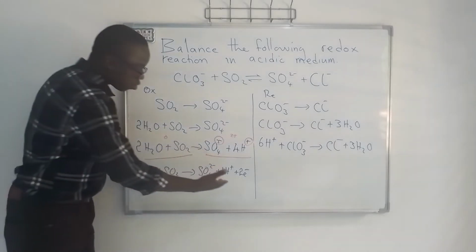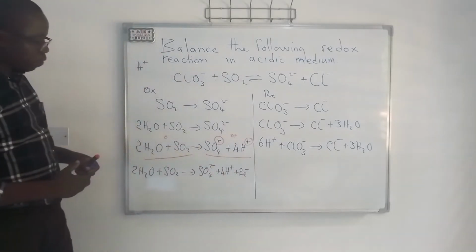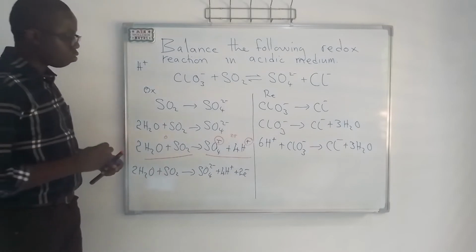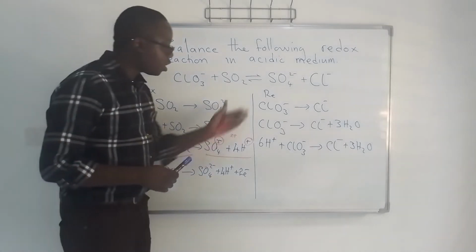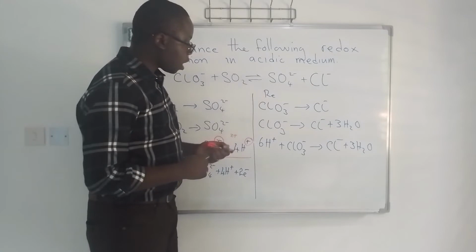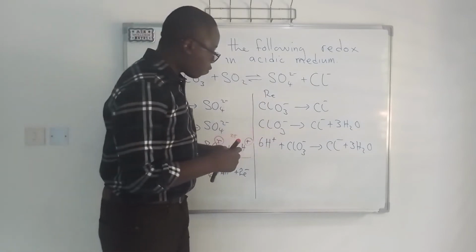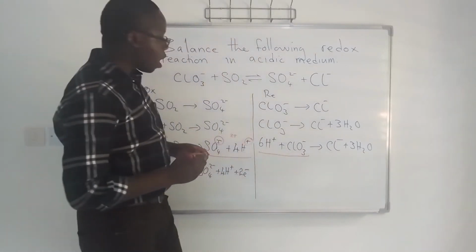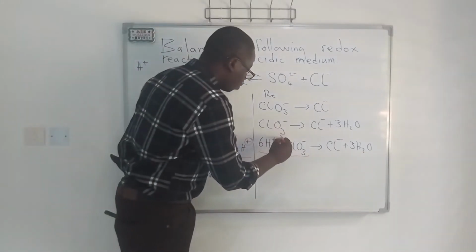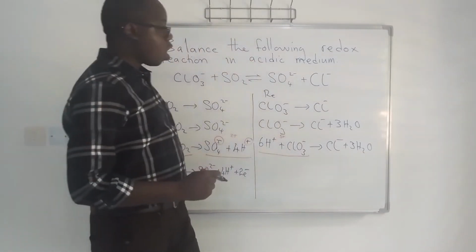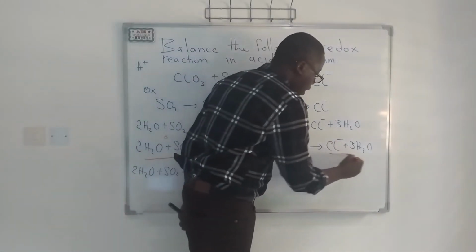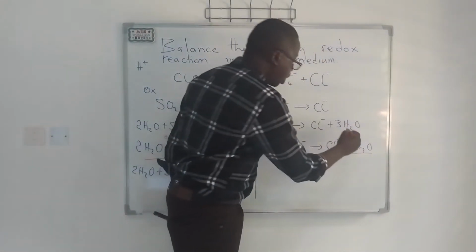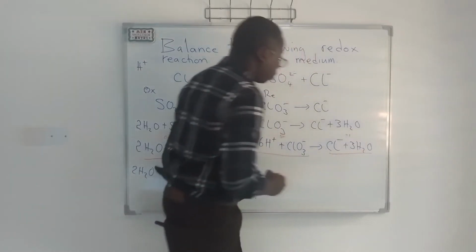So in this case, we have balanced off the electrons. Let's look at the reduction part. On the reduction part, we have the reactants, these reactants, they have a formal charge of +5, while the products have a formal charge of -1.